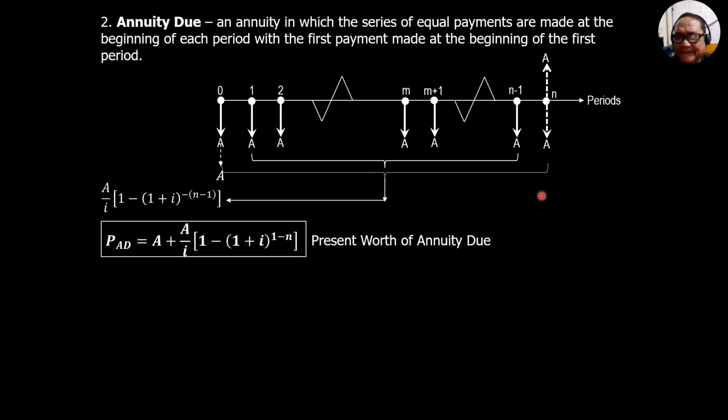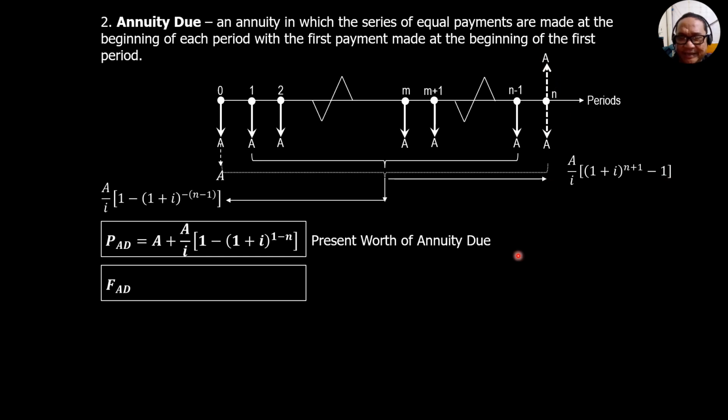So the formula, this will be the future worth of ordinary annuity, A over i, 1 plus i to the n plus 1 minus 1. So therefore, the future worth of annuity due is this formula here, A over i, quantity 1 plus i to the n plus 1 minus 1, then we should subtract A. So I hope that you can follow.